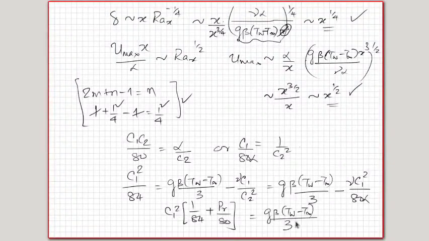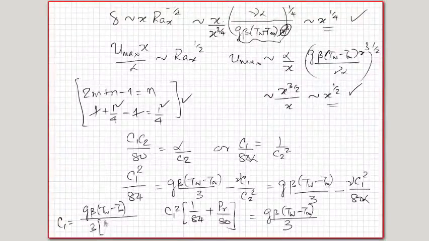So I can bring this here and take square root. So c1 would actually be equal to g beta into t1 minus t infinity divided by 3 times 1 by 84 plus Prandtl by 80. Okay, this whole thing to the power of half.